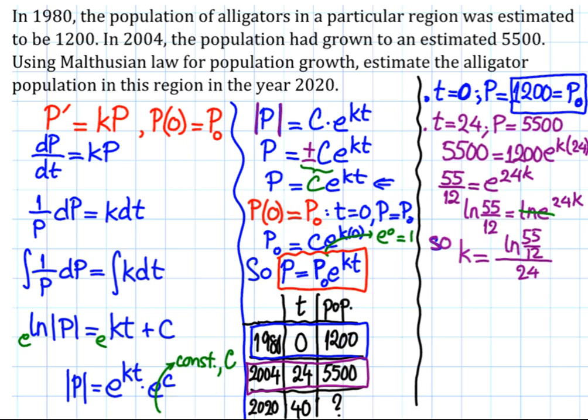And finally, the last information. That is our last information. So when we have t equal to 40, population unknown.